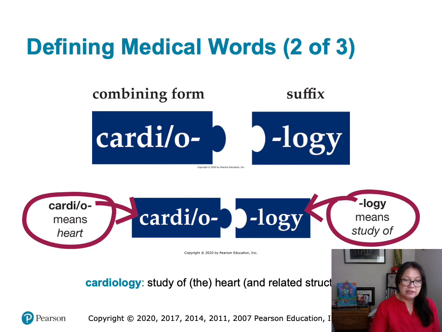Here, cardio means heart, and logy means study of. Third, you need to put the word part meanings in order, starting with the suffix and then the combining form. This gives you the phrase, study of heart. Finally, you must add any small connecting words necessary to make a complete definition. Doing so gives us the study of the heart and related structures. There, you've just defined your first medical word.